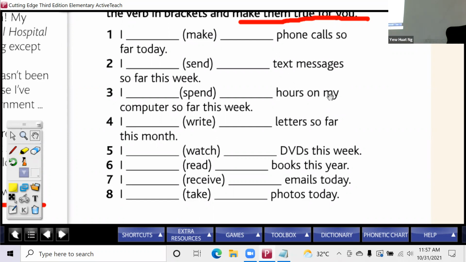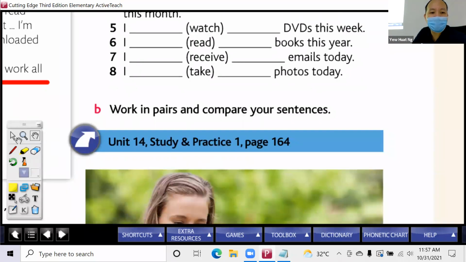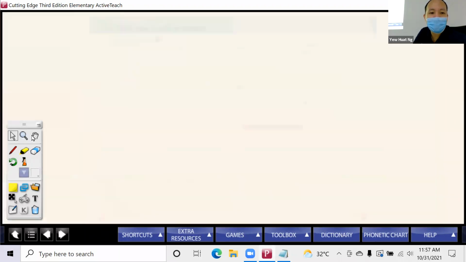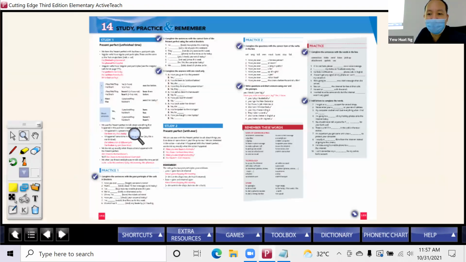But the grammar is correct, so it's fine. Okay. All right. Let's move on to page 164. Practice 164. Okay.